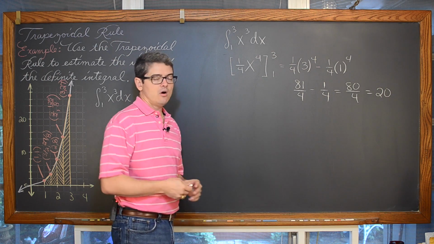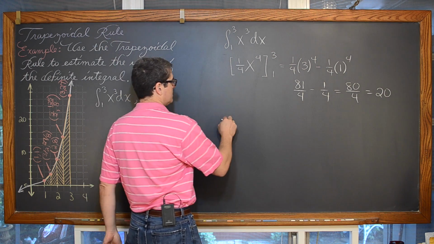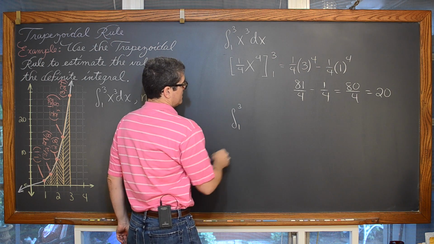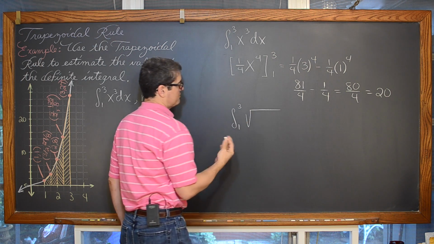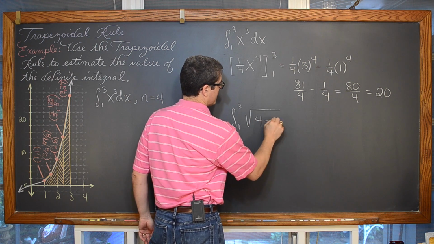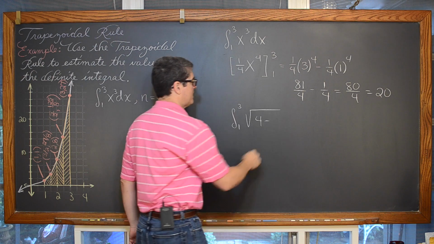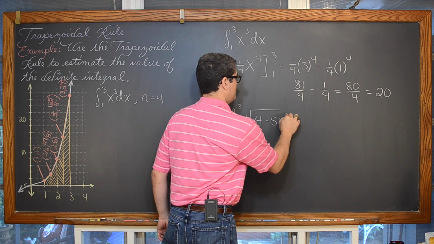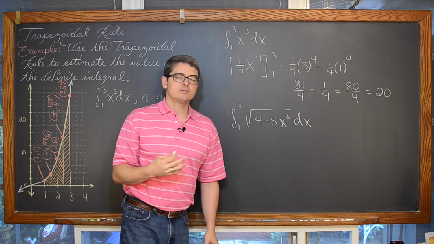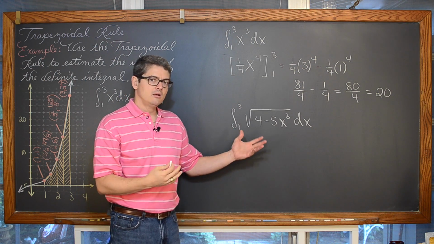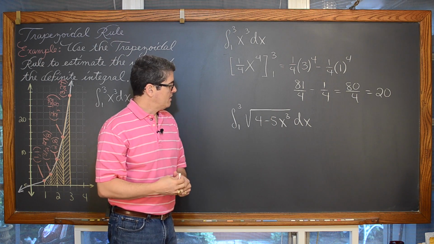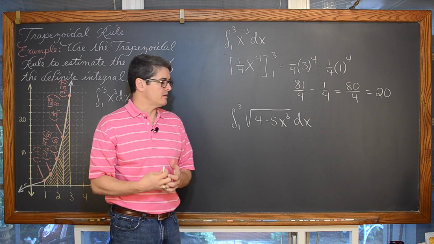Well, it's not very hard for me to come up with a function like, let's estimate from 1 to 3 the square root of, I don't know, how about 4 minus 5x cubed dx. We do not have any way of calculating that definite integral. We can't integrate this, not with any elementary techniques that we have.